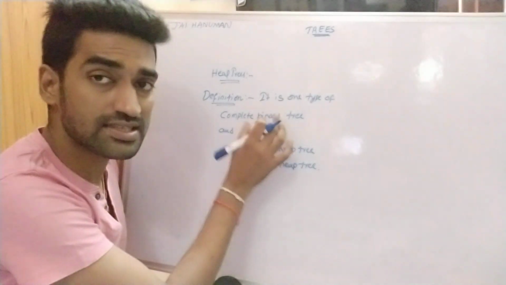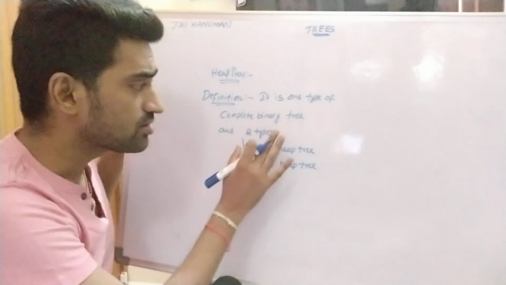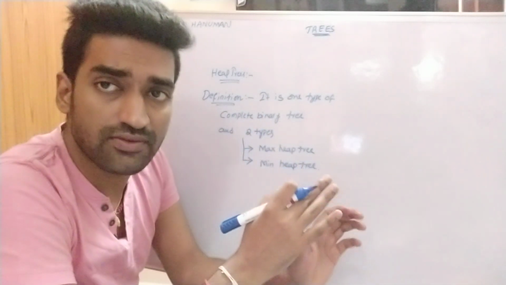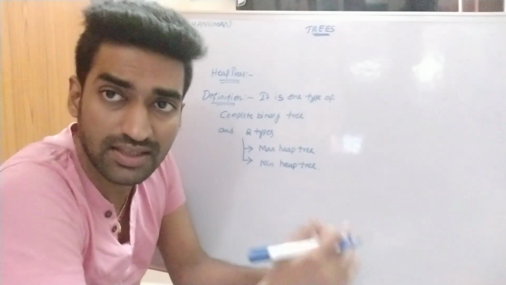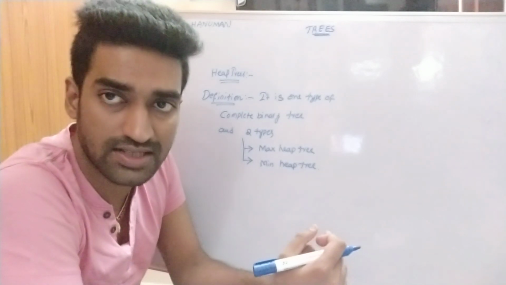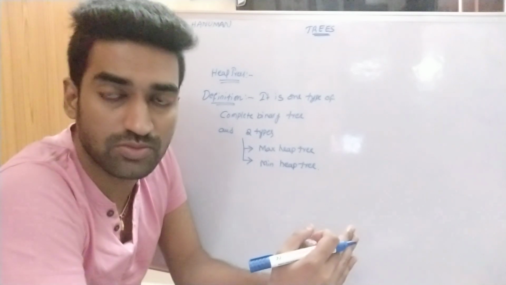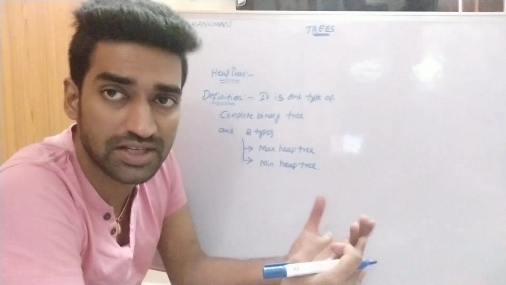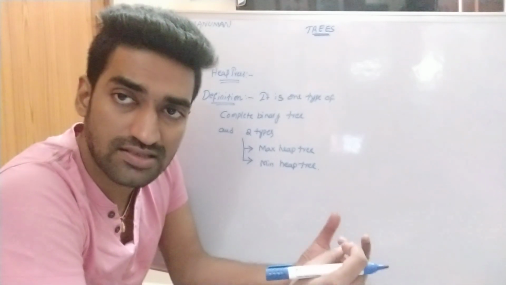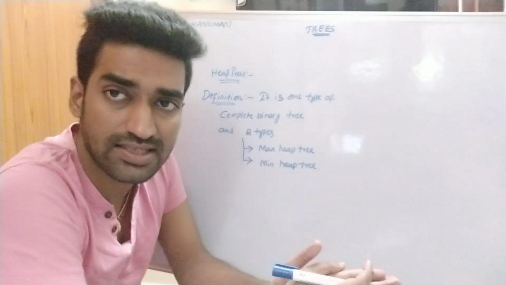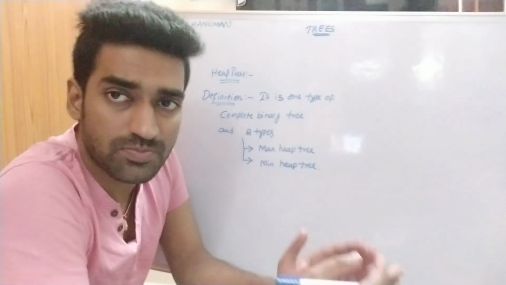So we know very well what a complete binary tree is. It is one type of binary tree in which every node has at most two children at all levels except the last level, and the last level is filled from the leftmost nodes.